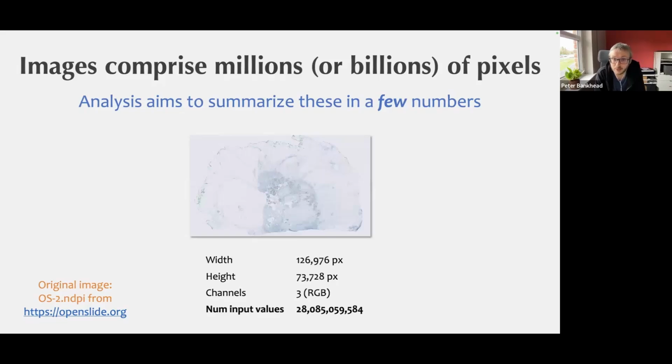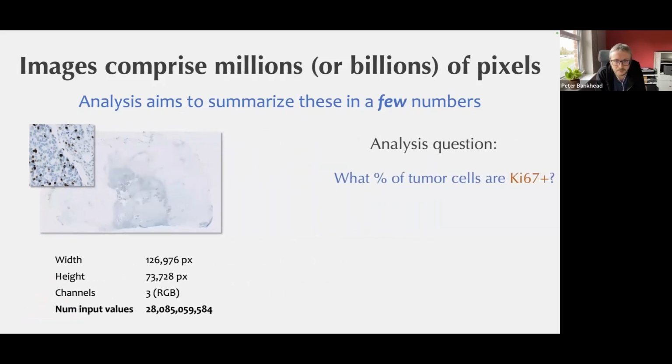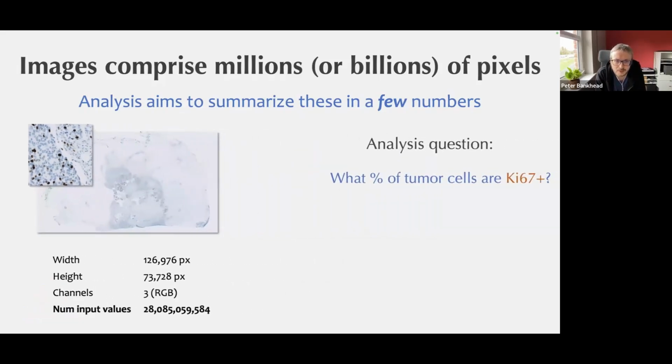Each pixel has three numbers, red, green and blue. So it's about 28 billion numbers is our raw data here. That's what it looks like if we extract a region and visualize it at higher resolution. But what we actually want at the end is one summary measurement, which is the percentage of tumor cells which are Ki67 positive. So we want to go from 28 billion numbers down to one number.